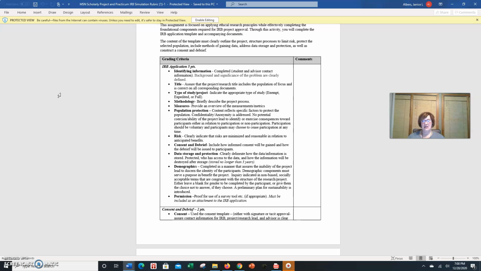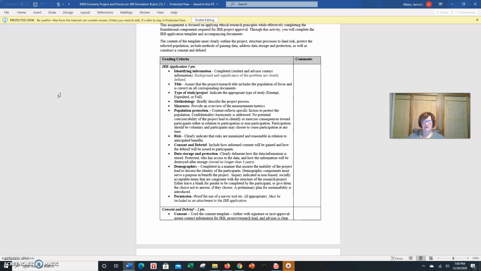Would you be asking how long someone has been a nurse, or would you need to know if the individual is male or female, or what their race may be? Would you need to know that for your results? In some studies you do, in some studies you don't. So if you don't really need that information for a particular study, you don't want to ask those questions.